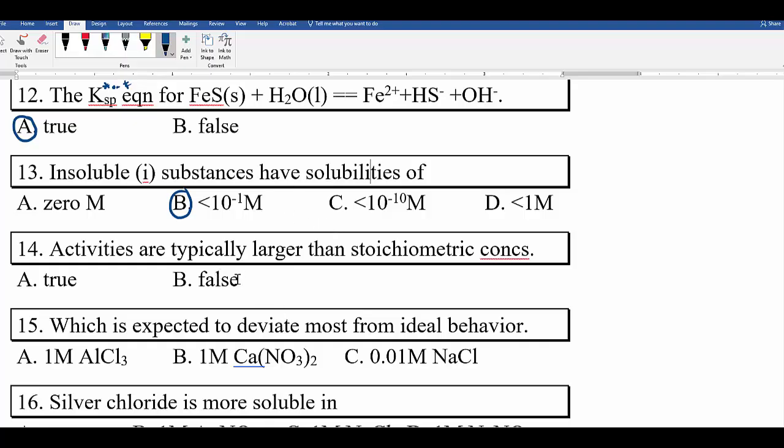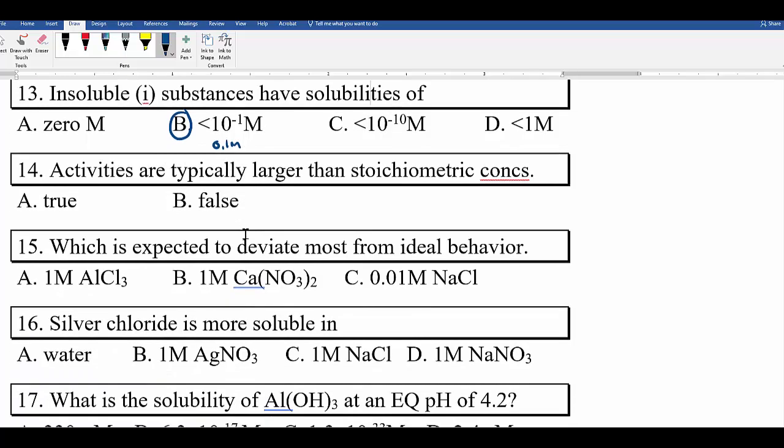That's kind of an arbitrary cutoff. Some books may have a different cutoff here. But the water solubility charts use this quantitatively.